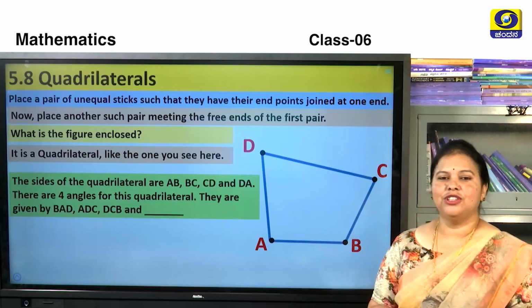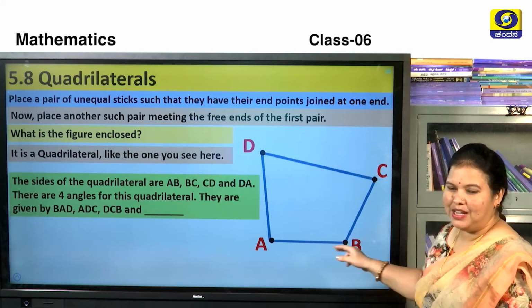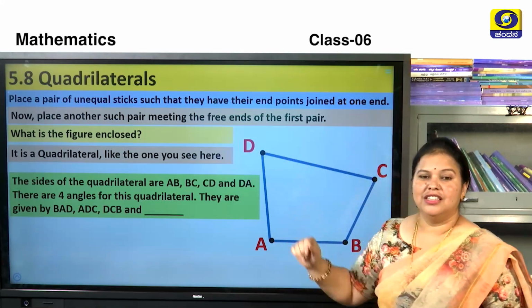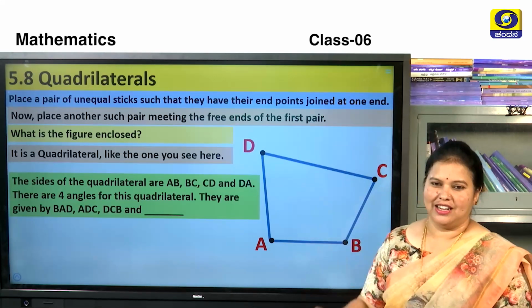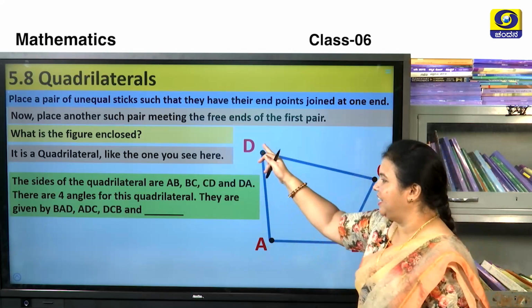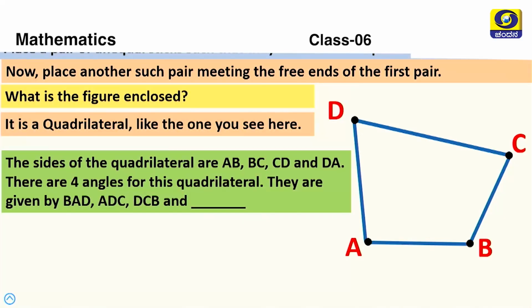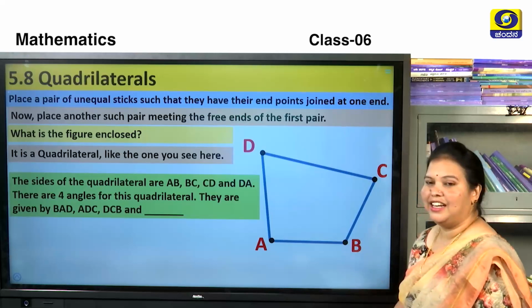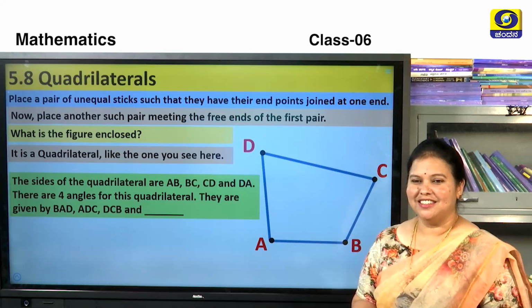The sides of the quadrilateral are AB, BC, CD and DA. There are four angles in this quadrilateral. They are given by angle BAD, angle ADC, angle DCB and which is the next angle?